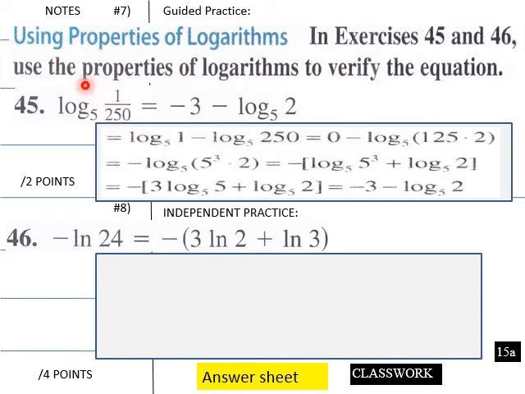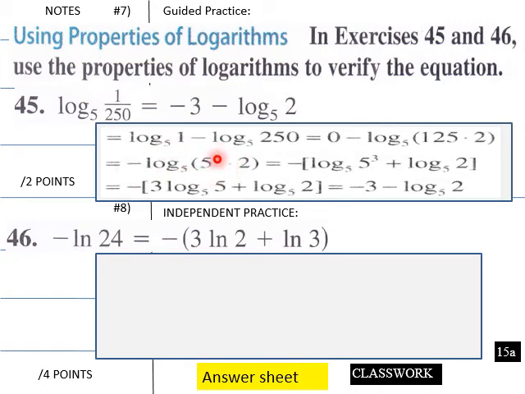So we're still saying the same statement here. And another way of stating it, the negative log base 5 of 5 to the third times 2. So again, this negative is going to modify this. This is again 250. 125 times 2 will be 250.